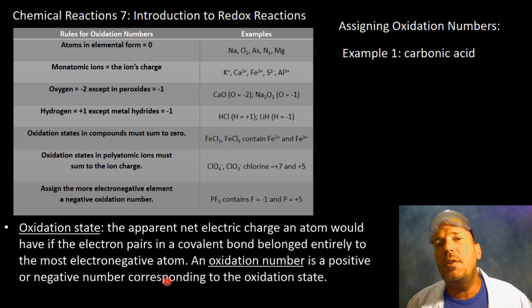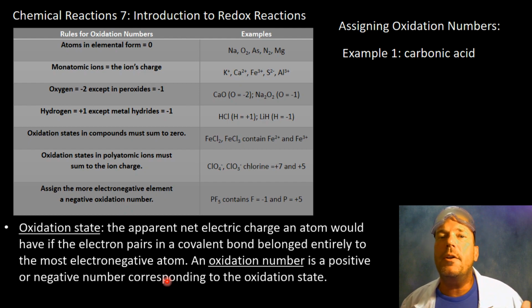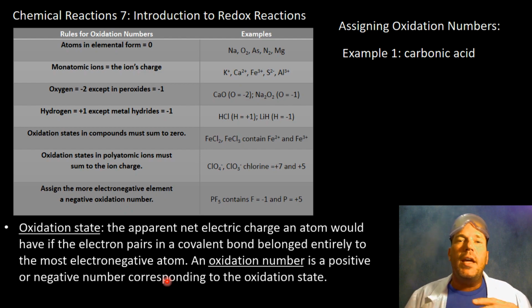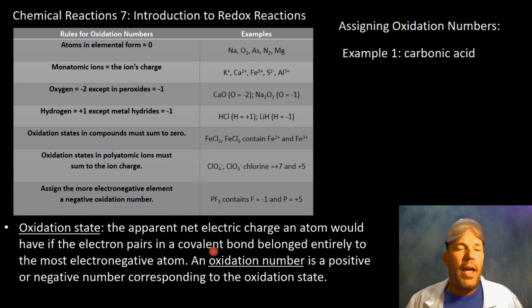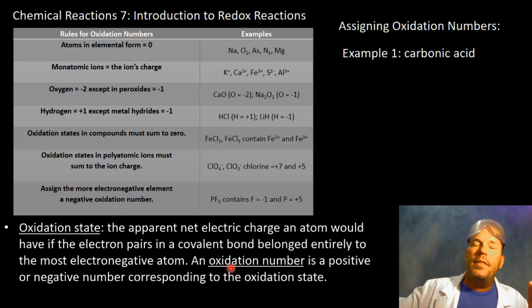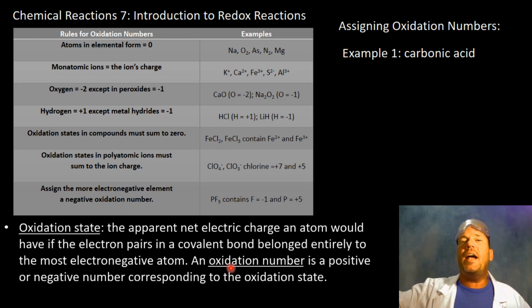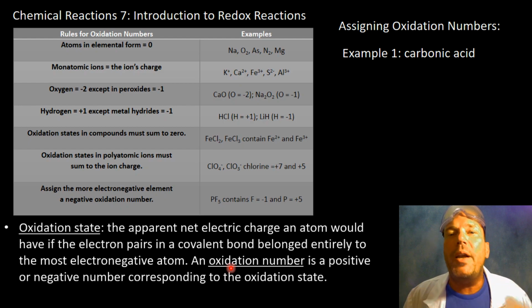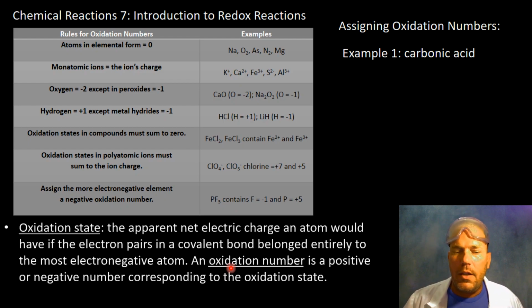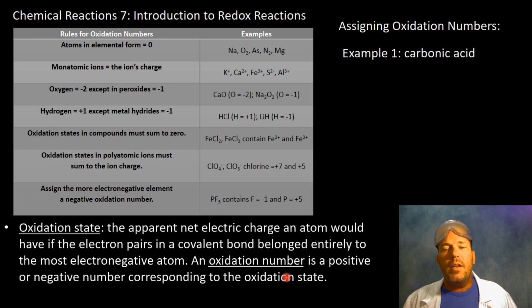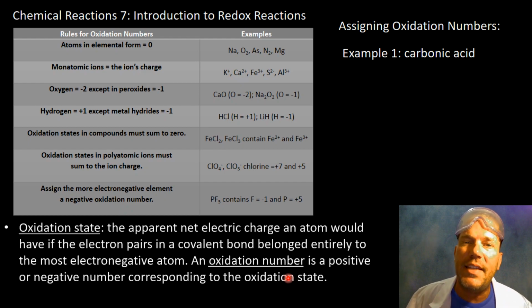So these are terms that I'll use when we start talking about atomic theory, periodicity, and bonding. But it's okay to use it now because we're going to come back and revisit all of this. So an atom would have this net charge, which is an apparent net charge, if the covalent bond belonged entirely to the species that had the greatest electron affinity, all right? And an oxidation number is simply the positive or negative number that corresponds to the oxidation state.